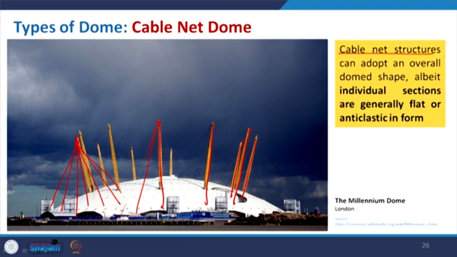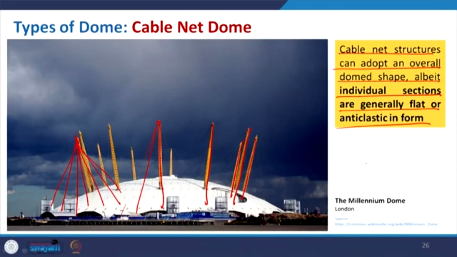The cable net structure can adopt an overall dome shape, albeit individual sections are generally flat or anticlastic in form. We have discussed the anticlastic thing, but again we are just discussing it. Anticlastic form is when the two curvatures of the plane act in opposite directions. I have given the example of a chip, something like this.